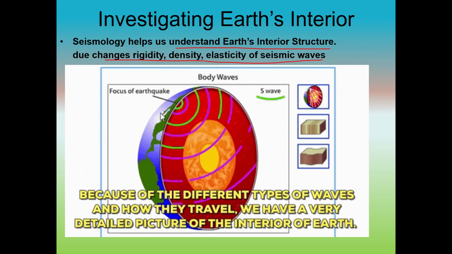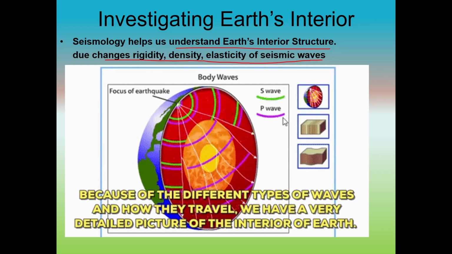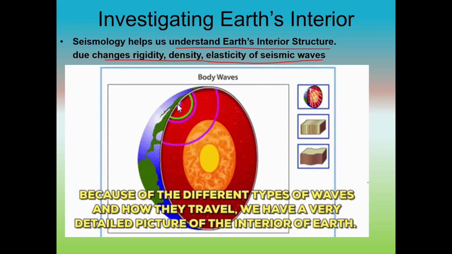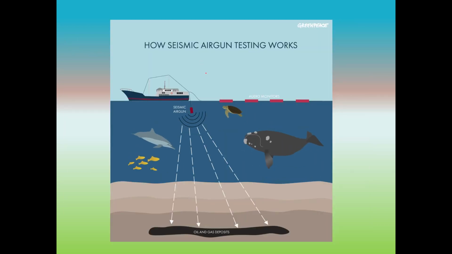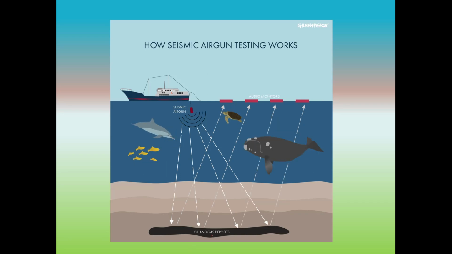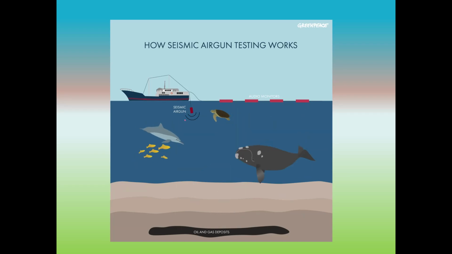Because of the different types of waves and how they travel, we have a very detailed picture of the interior of the Earth. The same seismic waves can help us find oil reserves and gas deposits under the Earth's crust through seismic air guns.